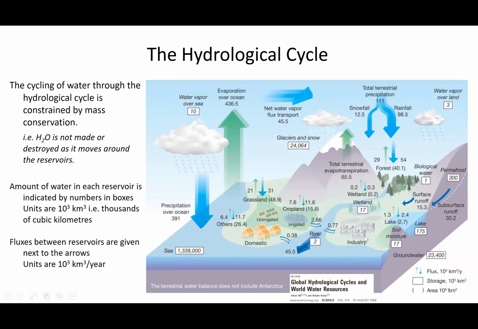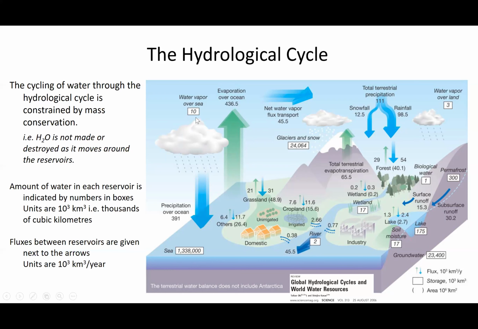So in this diagram, in the white boxes with the black numbers, we have the volumes of water in thousands of cubic kilometres. If you have a look at these boxes, you can see that the ocean has 1,338,000 cubic kilometres of water in it.